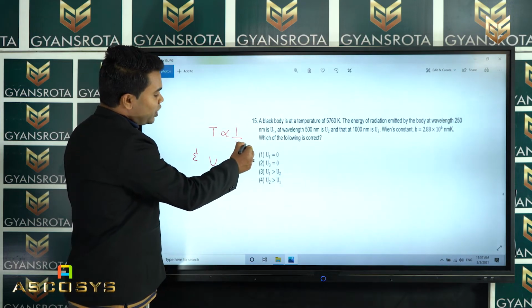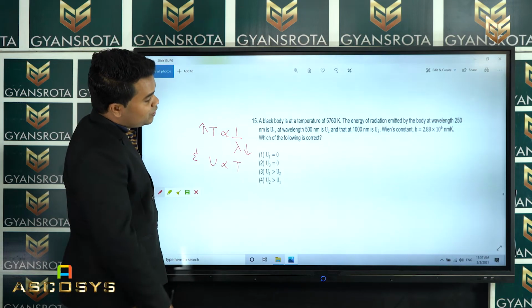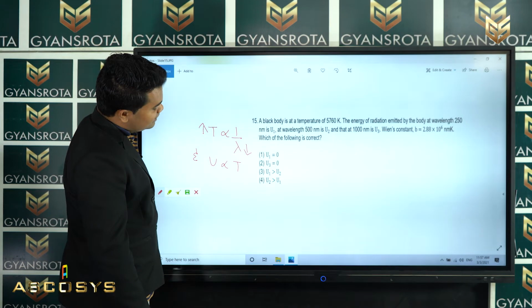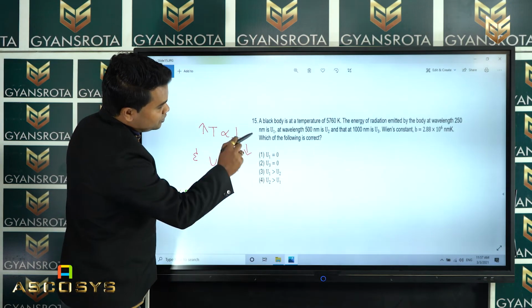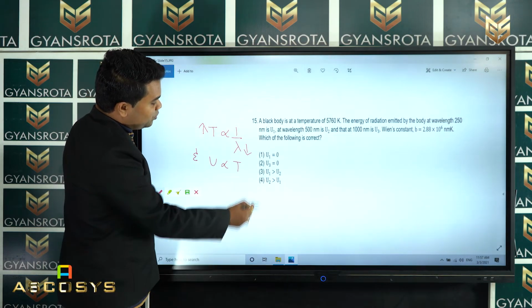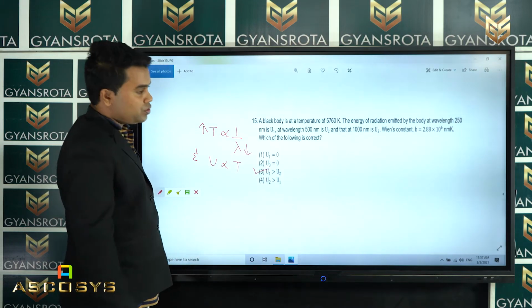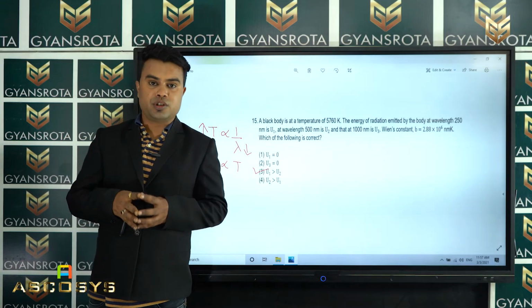The one which has got the least wavelength will have high temperature. So if you can see, U1 has got the least wavelength and its temperature is high, fine. So from the question, if you want to find out, you will see that option number 3 would be the correct answer. That means U1 is greater than U2. So option 3 is correct. Therefore, we will move to the next question.